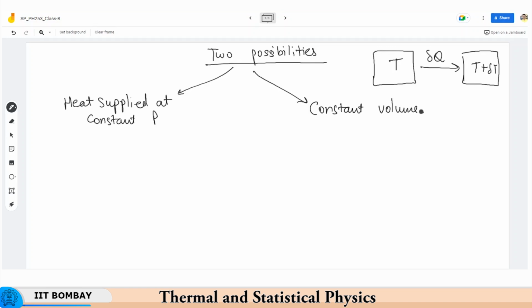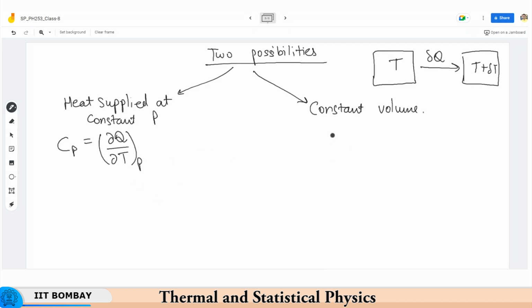In this case the specific heat is denoted by Cp, where the subscript P denotes that the process happens at constant pressure, and in this case the specific heat is defined as del Q by del T at constant pressure.